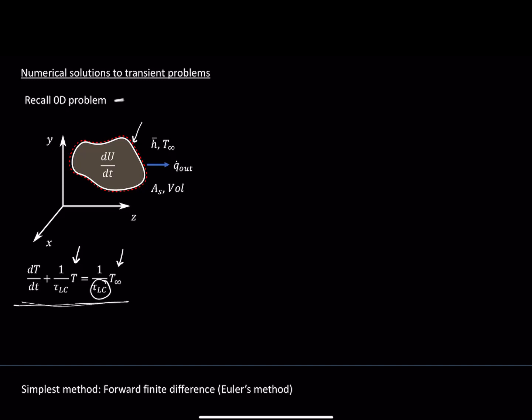The important thing to note here is that if we know the current temperature of the body, the temperature of the surroundings, and these geometric and heat transfer parameters, we can compute the rate of change dT with respect to time. This is really important. We make the following observation: dT/dt is some function of the current temperature and of time. This is something that we call a state equation.